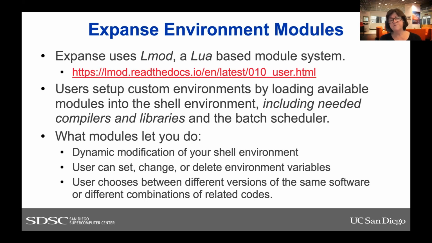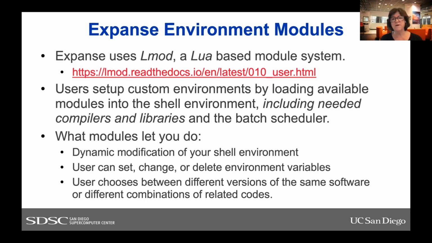But once you figure it out, I think of it as a module recipe that you need for a particular application. You come in, you log on, you clear your environment, you load in the module recipe for the particular application that you're running, and then off you go. You can run it, guaranteeing that you've got the environment you need.